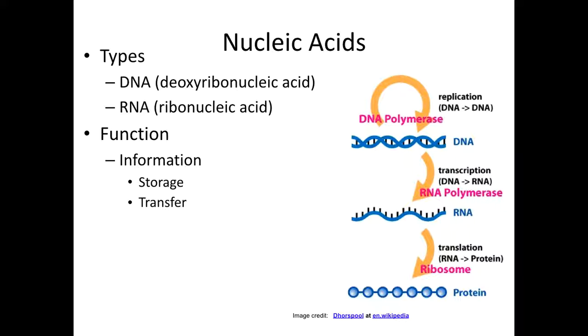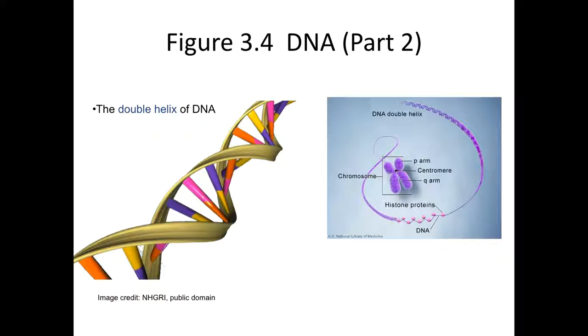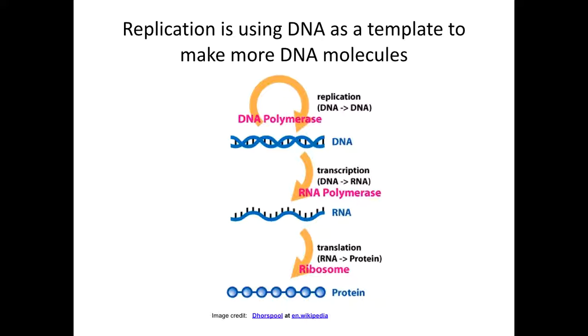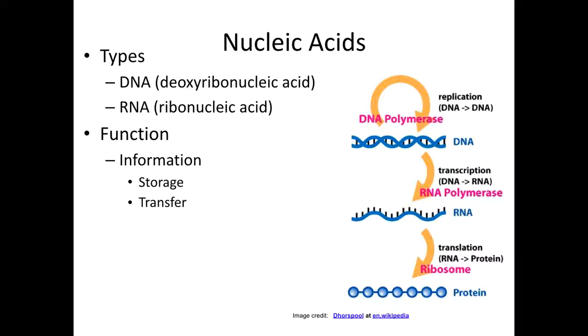What we're going to talk about is DNA structure and DNA replication. But before we get there, I just want to get us all on the same page using a little bit of some metaphors. We're going to talk about DNA replication, where you use DNA to make a copy of more DNA.